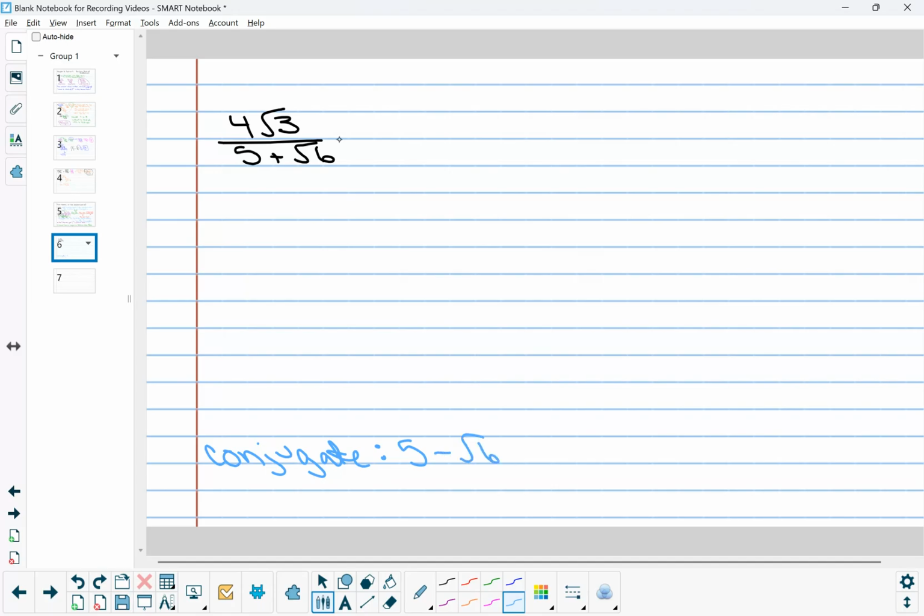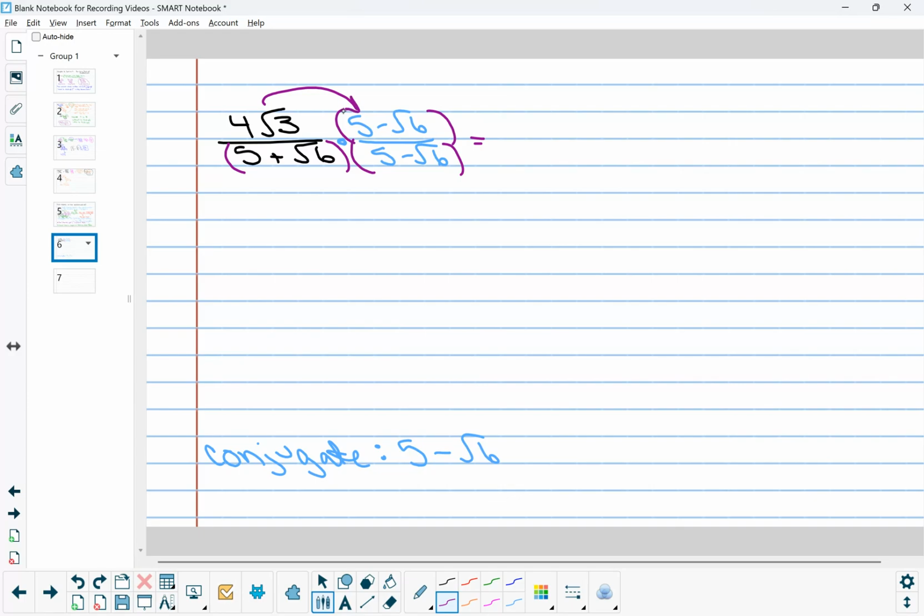So I'm going to multiply by 5 minus rad 6 on top and bottom, and then do that distribution. Remember to put parentheses around anything with 2 terms. And then do the distribution.